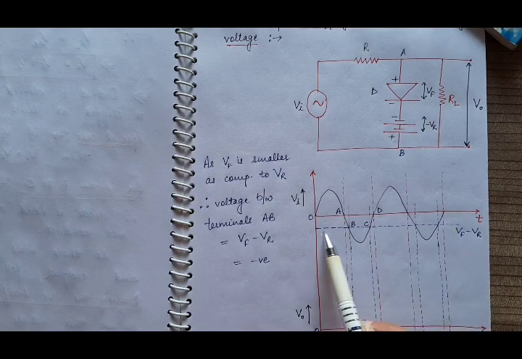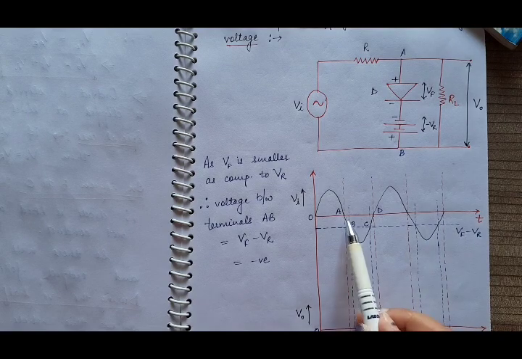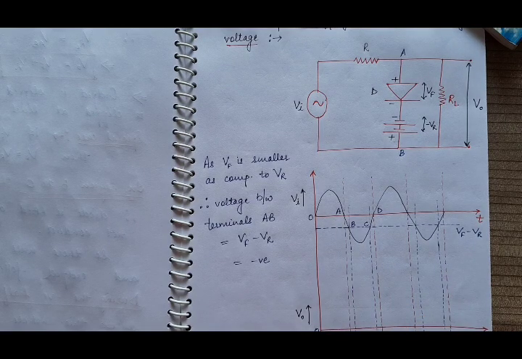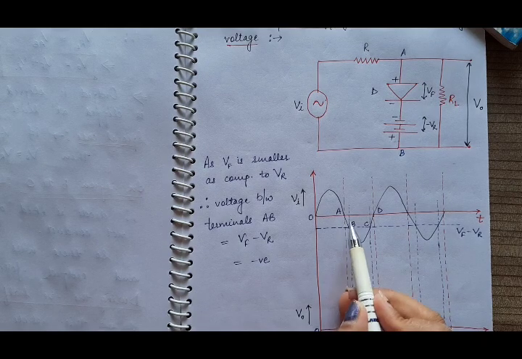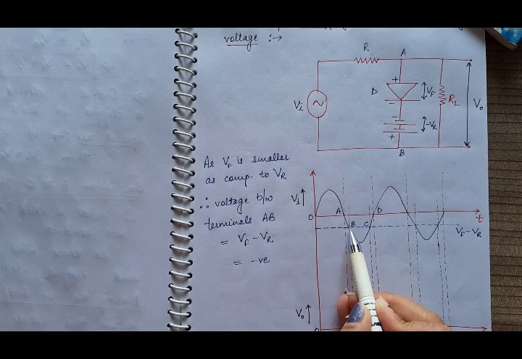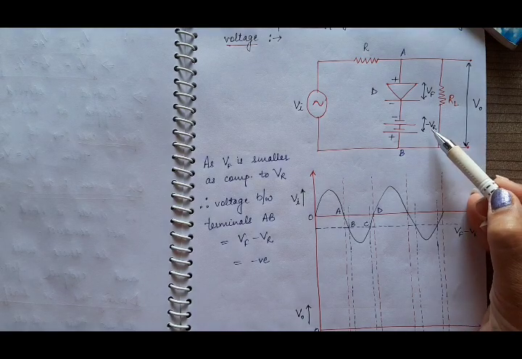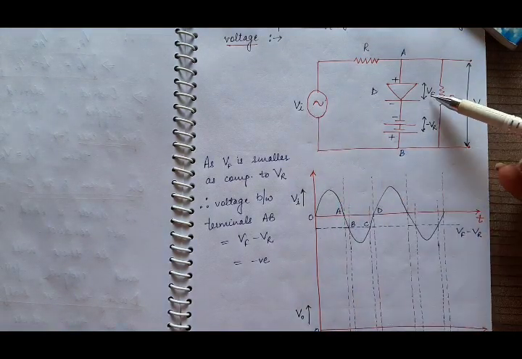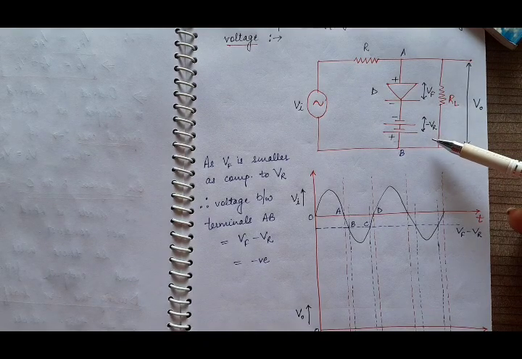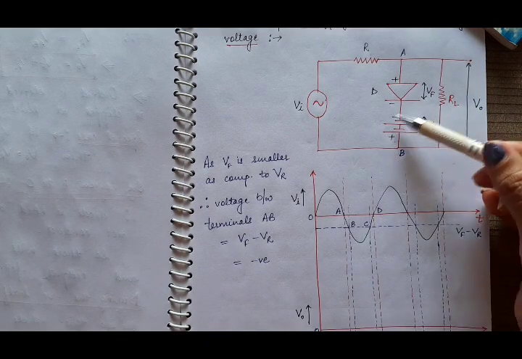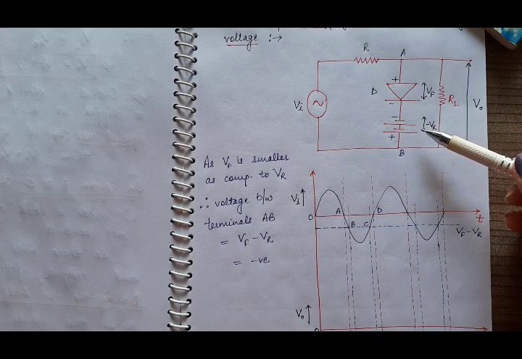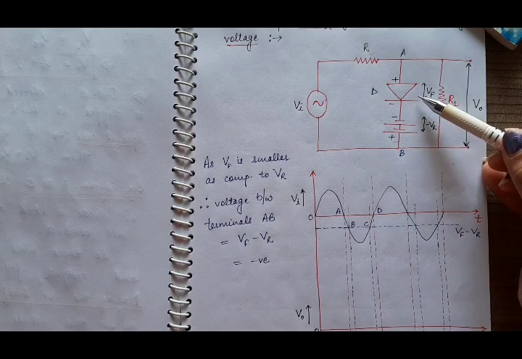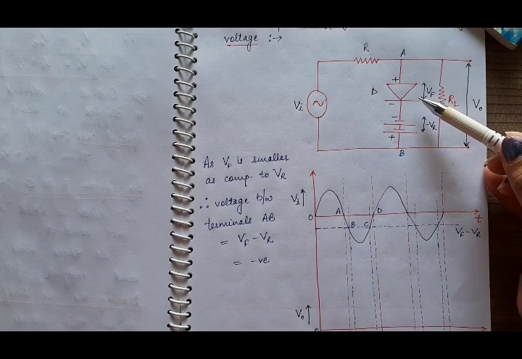It will keep this diode forward biased. It means the diode will still conduct in region AB.